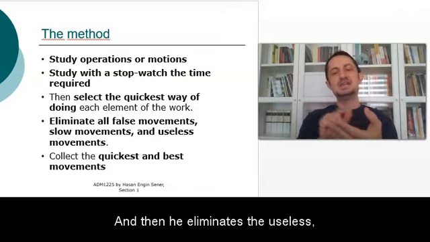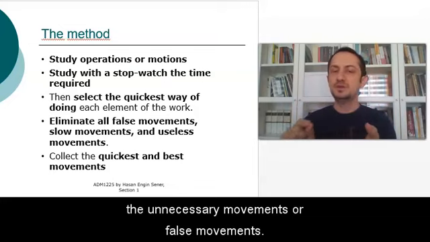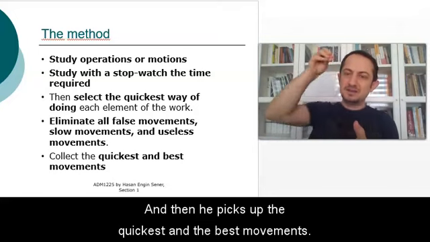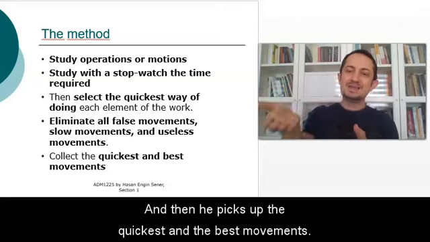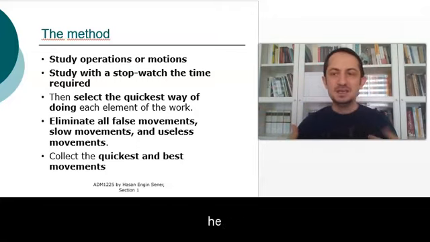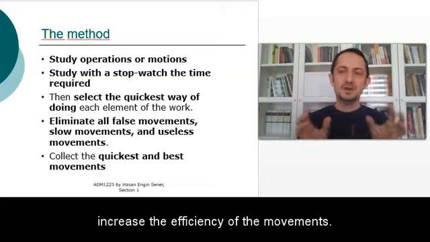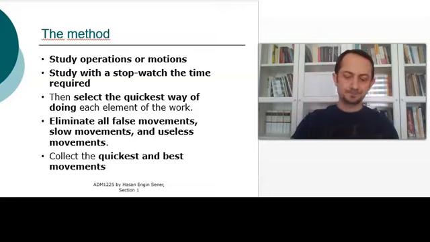And then he eliminates useless, unnecessary movements or false movements. And then he picks up the quickest and best movements. By doing so, he can increase the efficiency of the movements.